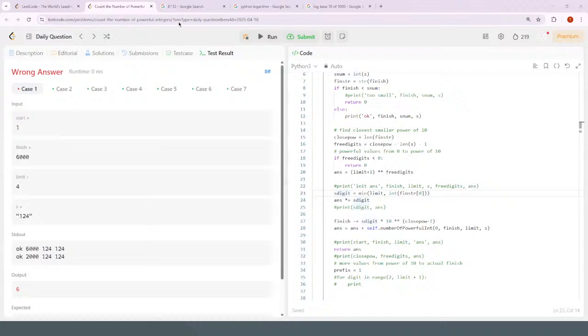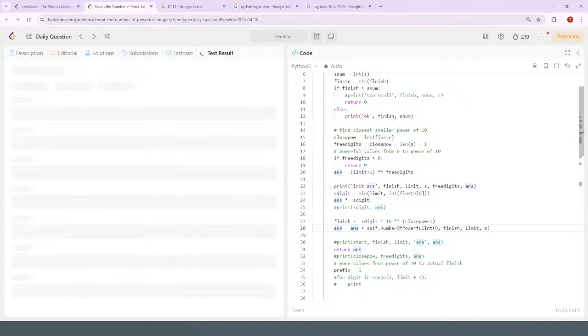Why is it printing out anything? Right now it's printing out OK, finish, S num and S. Alright, this is not helpful. What I do want to know is the initial answer.